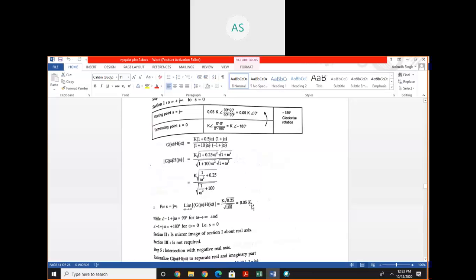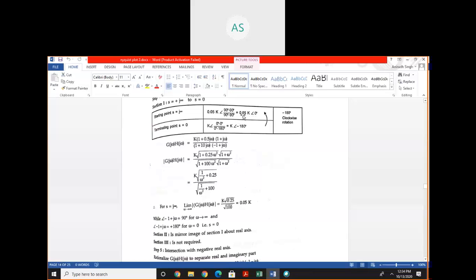First we calculate the magnitude. When ω is infinite, we get the value of magnitude, which is 0.05k.